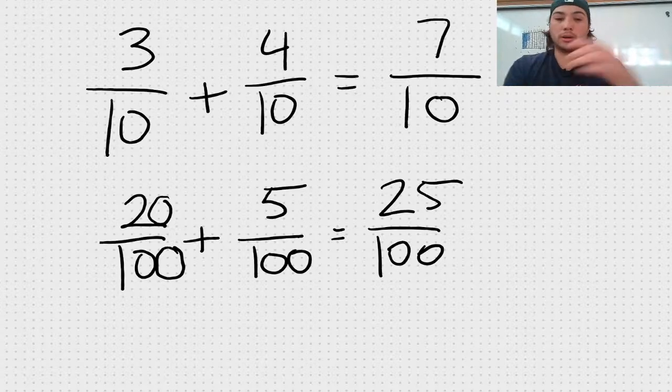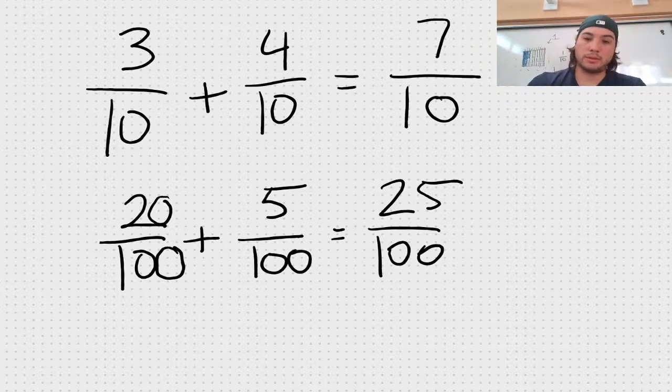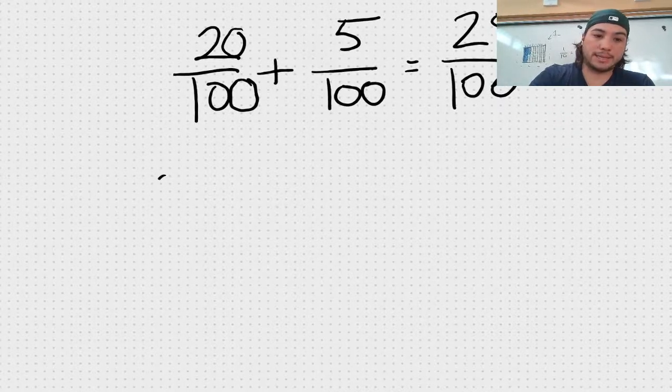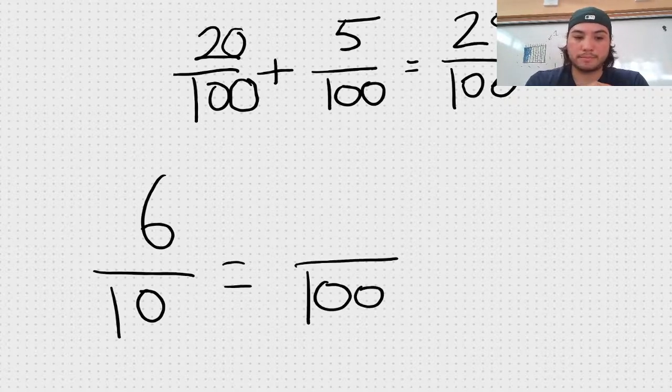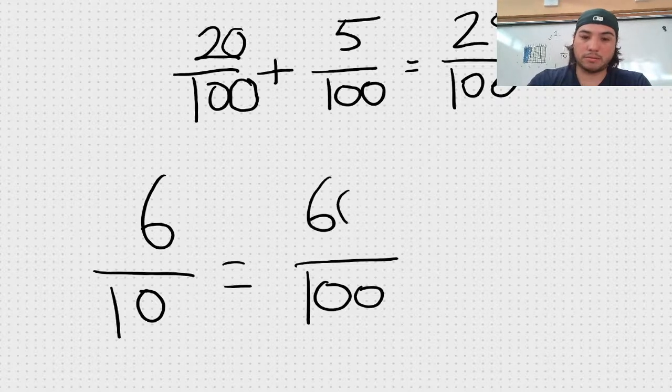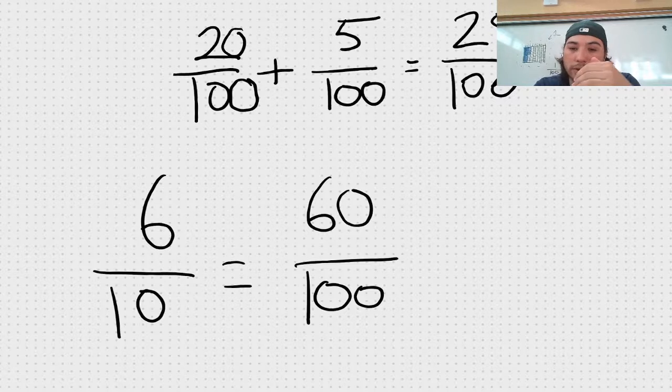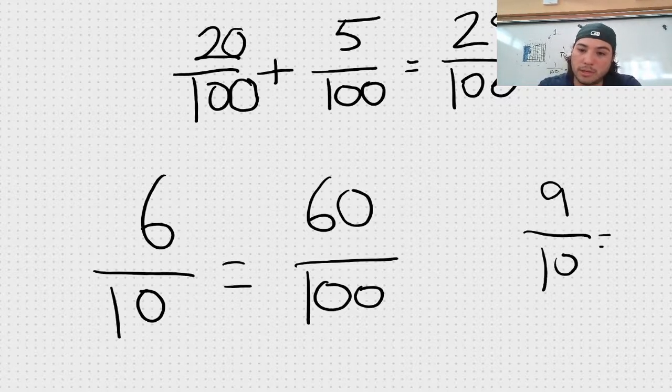Okay, so let's do some practice with that. Let's say we had 6 tenths equals how many hundredths? Take your numerator, add a 0. 6/10 equals 60 hundredths. 9/10 equals 90 hundredths.